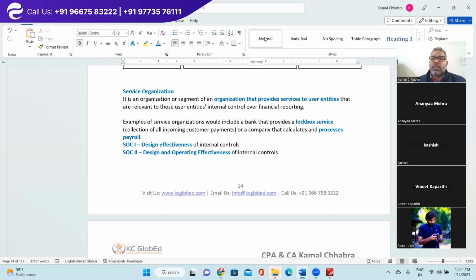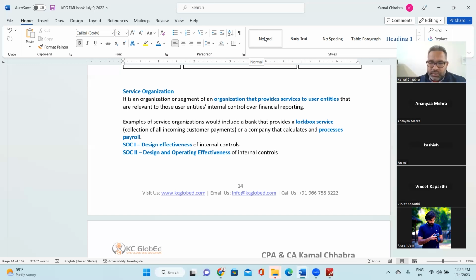A SOC 1 report is based on the service organization auditor conducting the audit on the design effectiveness of the internal control at the service organization. They issue a SOC 1 report, right? For a private company, for a non-issuer, an internal control over financial reporting audit is not mandatory.